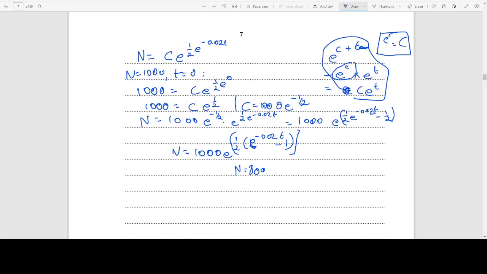So 800 equals 1000 e raised to half e raised to minus 0.02t minus 1. 8 upon 10 equals e raised to half e raised to minus 0.02t minus 1.